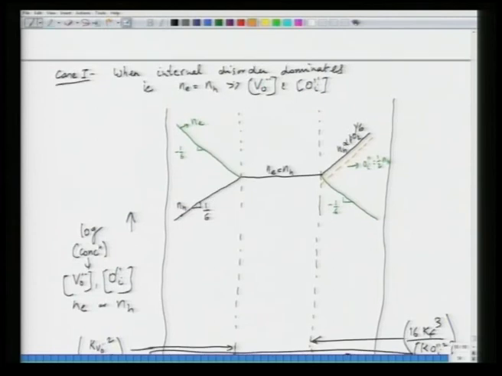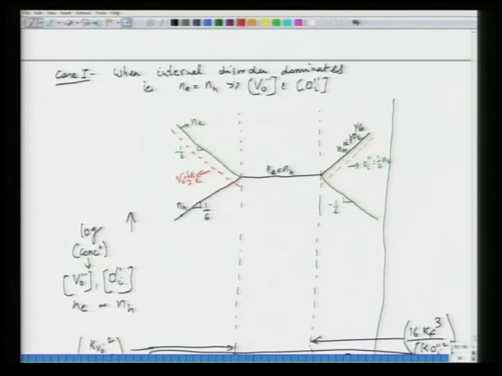In the lower pressure region, I will have VO equal to half of Ne. Okay. So, now we have drawn the concentrations of 3 defects on each side.